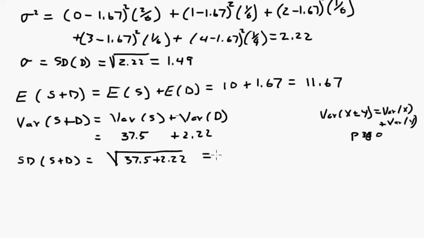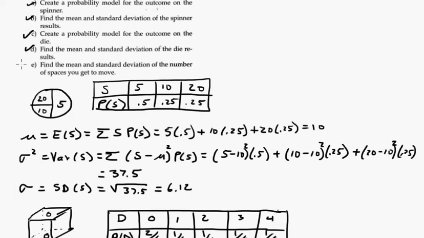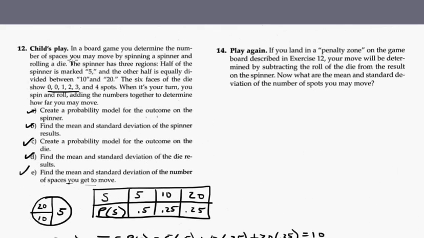So that's going to be 6.30 spaces. That's the standard deviation. So that answers this one, find the mean and standard deviation of spaces you get to move, because up here they said somewhere that you spin the spinner and you roll the die.